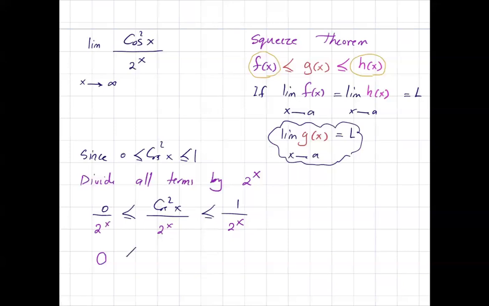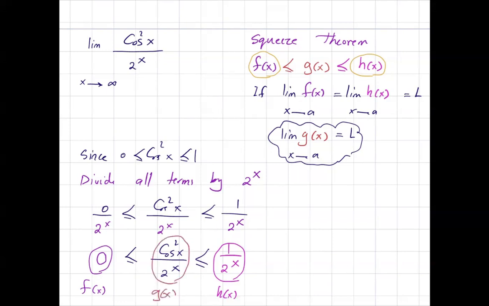The middle function is cosine squared of x divided by 2 to the x, and the function on the right-hand side is 1 divided by 2 to the x. So this is your h of x. This is your f of x. These are familiar functions. You already know how to deal with these. And the middle function is g of x.